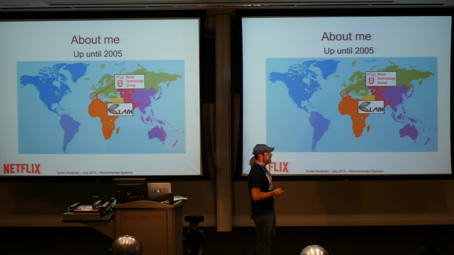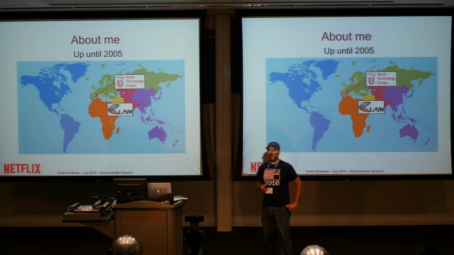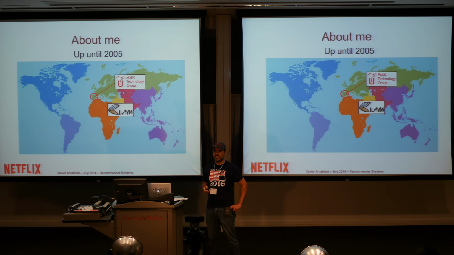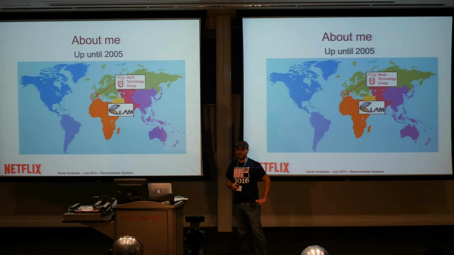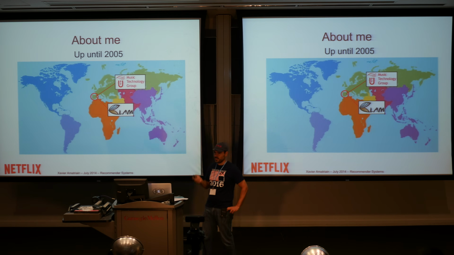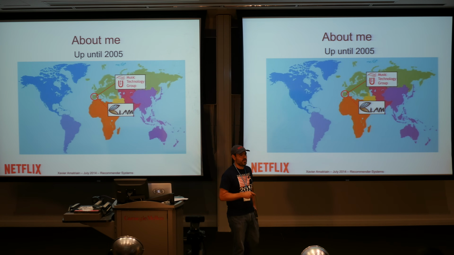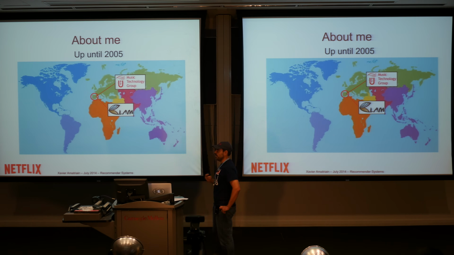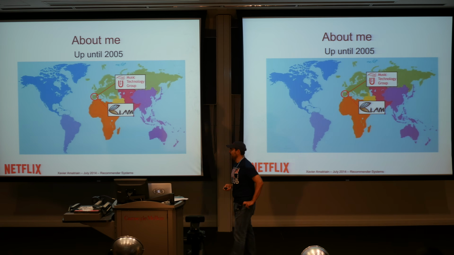I did my PhD working on signal processing and large-scale distributed software systems, particularly in the domain of audio and music. I was in a research group called the Music Technology Group, and I developed, among other things, a pretty popular open source framework called CLAM for developing large-scale and real-time audio and music applications.